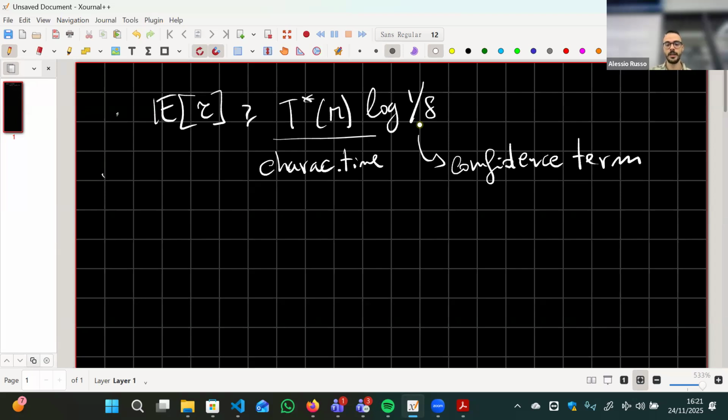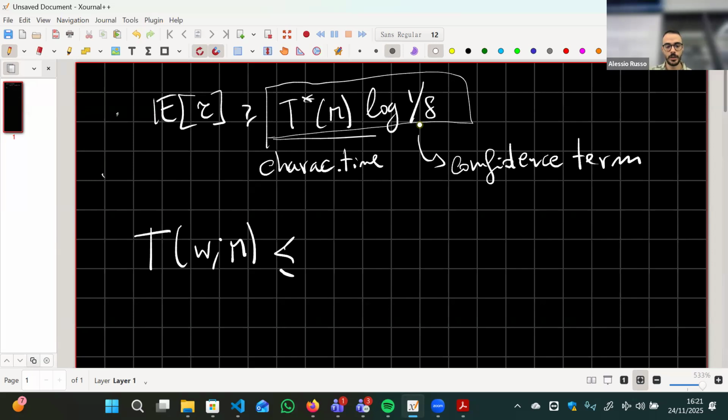And this lower bound is telling you that in general, on average, you need this number of samples to identify the best policy. What we did was to find an upper bound on T, where T inverse is defined in this way.